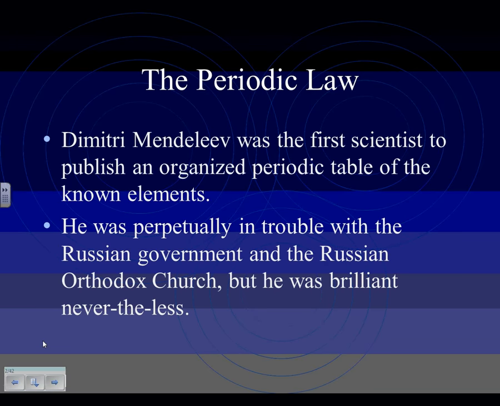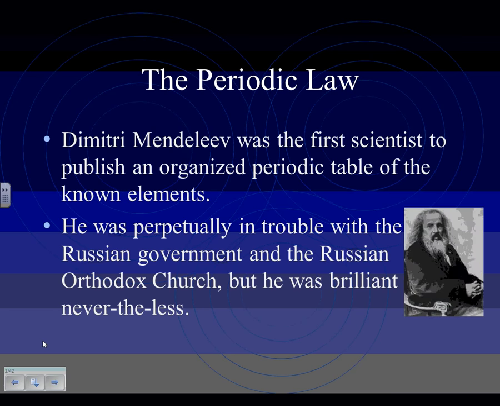Now, from a historical standpoint, Mendeleev was a little bit of a troublemaker. He got in trouble with the Russian government and the Russian Orthodox Church, but like many, he was ahead of his time, and those kinds of conflicts can promote discourse.